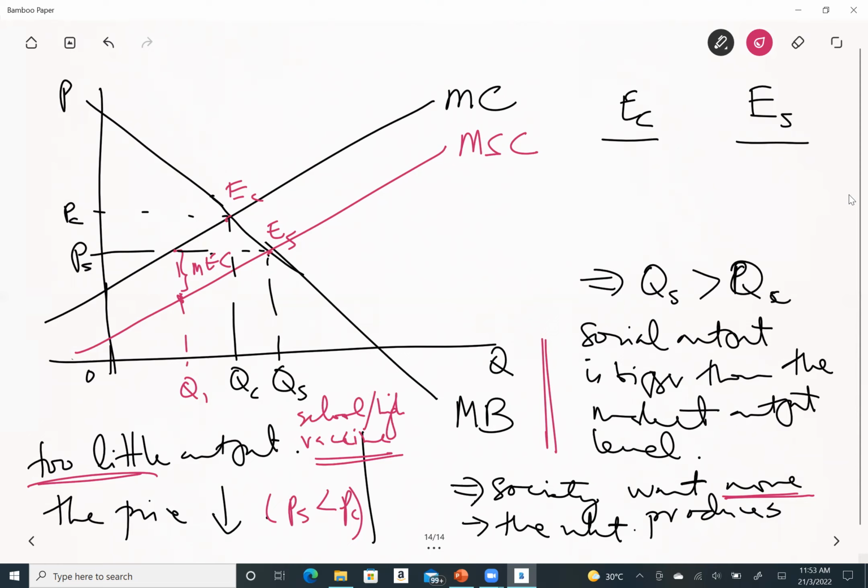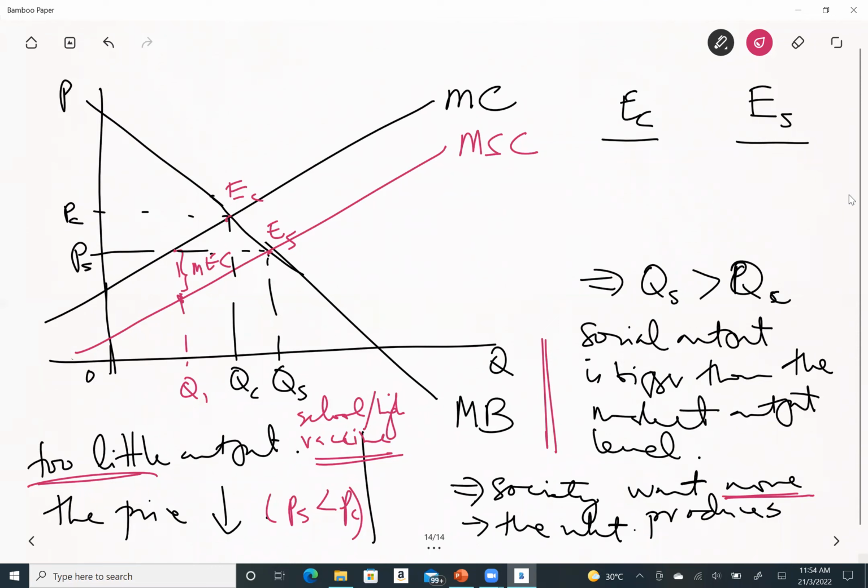I think one student in this class, or the other class, I don't remember, mentioned the vaccine. So that vaccine, in terms of production, generates positive externality. We want more. If you leave it to the market, it will not be producing enough. Any question, any comment?